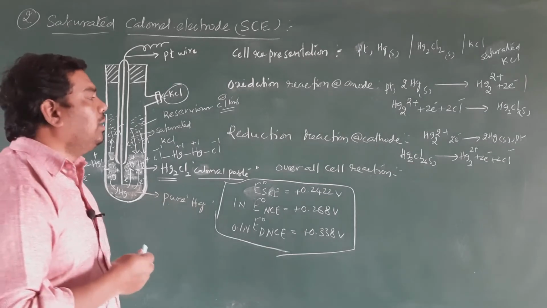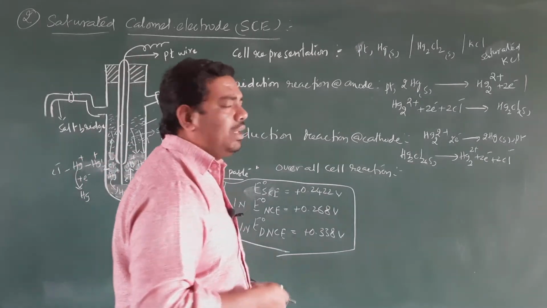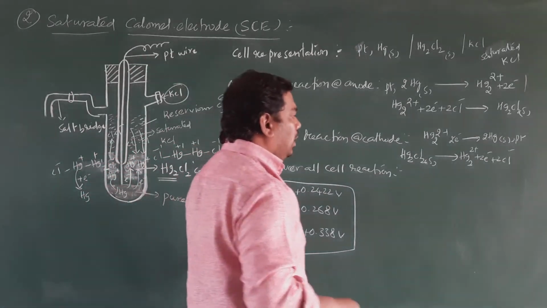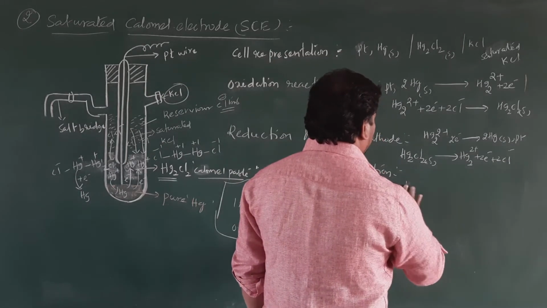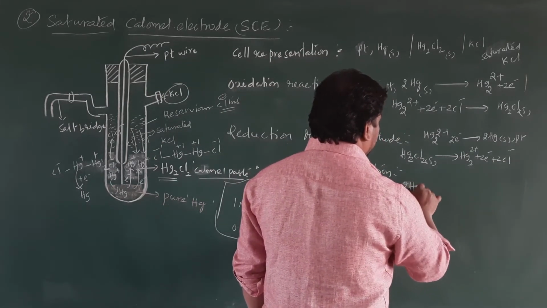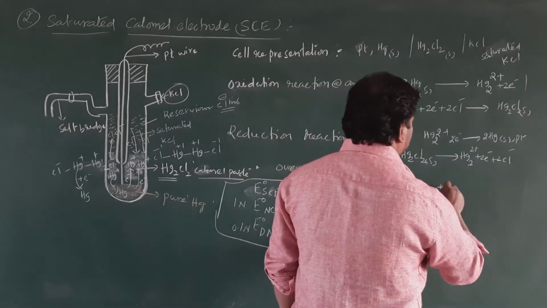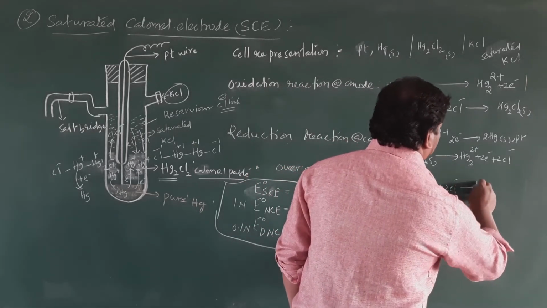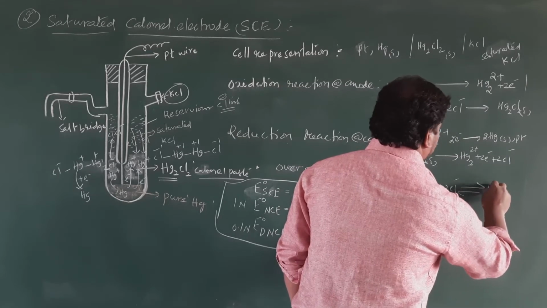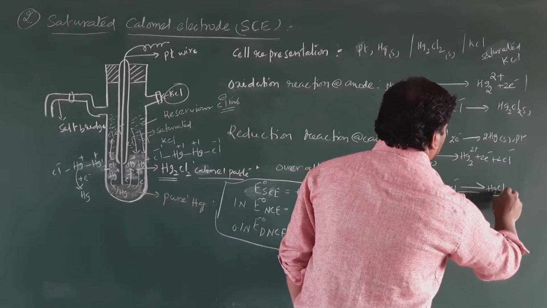Clear? Right. So I will write the overall cell reaction of this calomel electrode. That is 2Hg (solid) plus 2 Cl minus reversible with Hg2Cl2 solid.